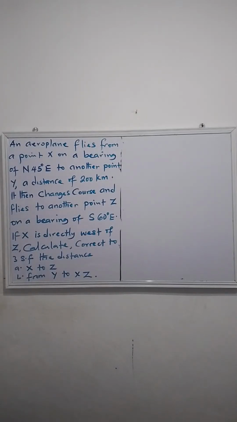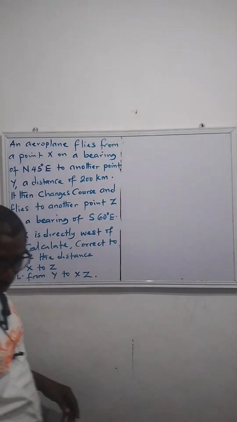So if X is directly west of Z, calculate, correct to three significant figures, the distance X to Z, and the distance from Y to the length XZ. All right, so now let's sketch the diagram.